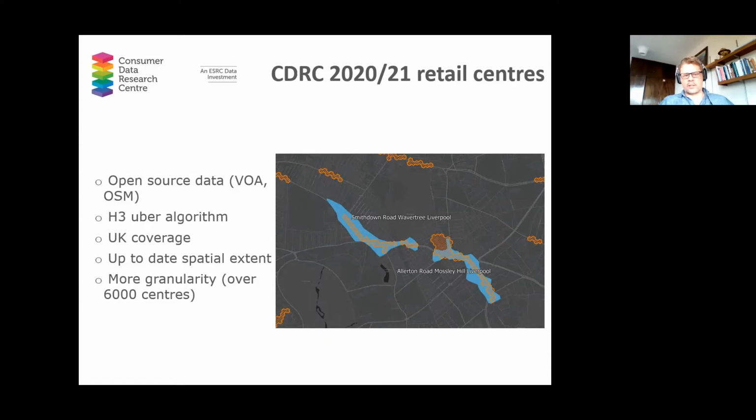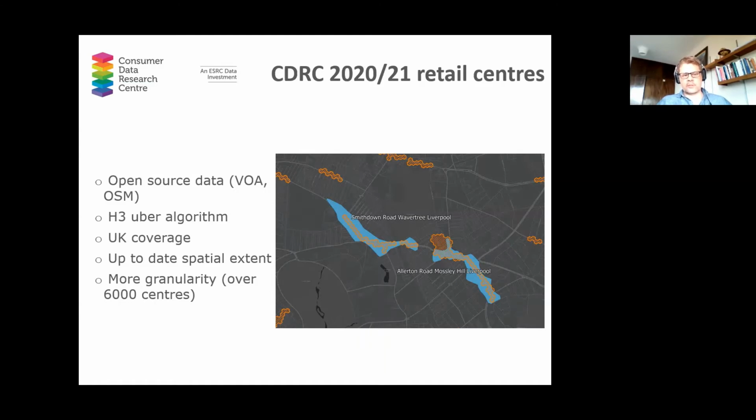So we thought it would be a good idea to develop a new, transparent methodology using open source data. The Local Data Company data which we used previously is secure data, and you have to apply to use it, so not everyone can use it for modeling. In this attempt in 2020-21, we used Valuation Office Agency data and OpenStreetMap data.